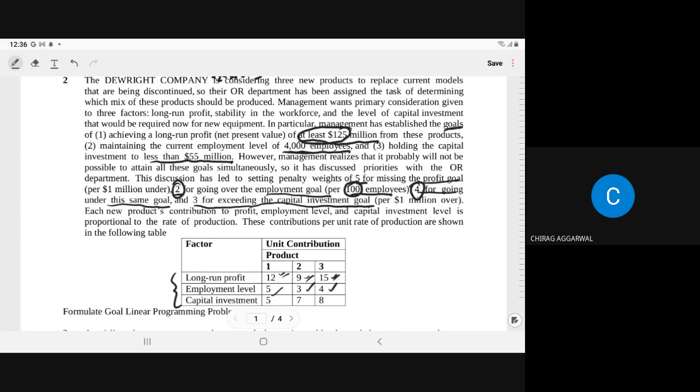If you are employing more than 4,000, then the penalty is 2. If less than 4,000, then it is 4.